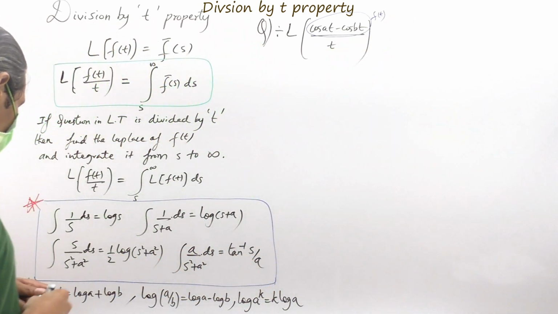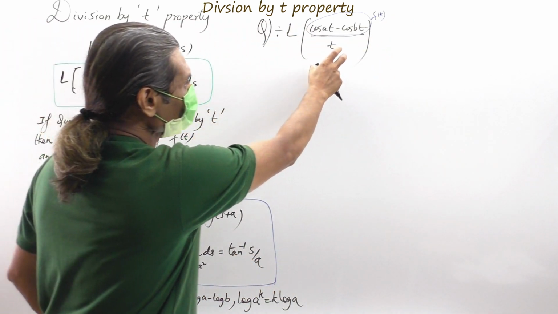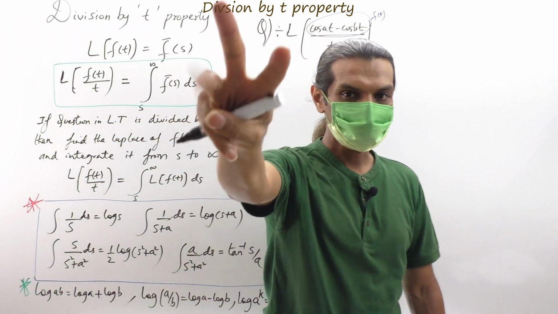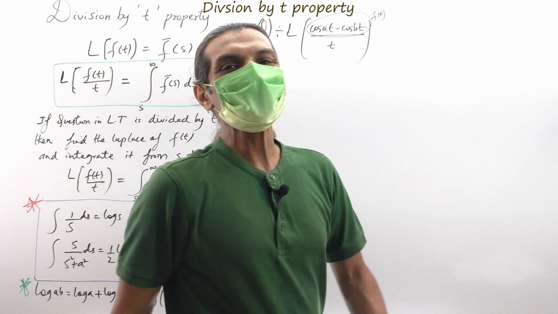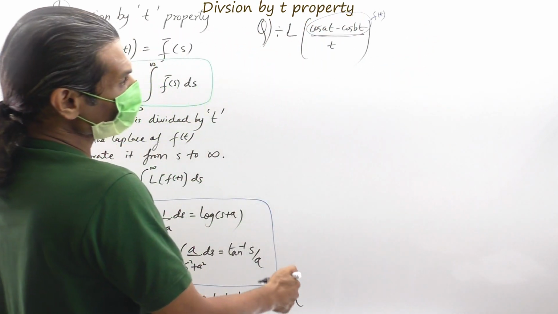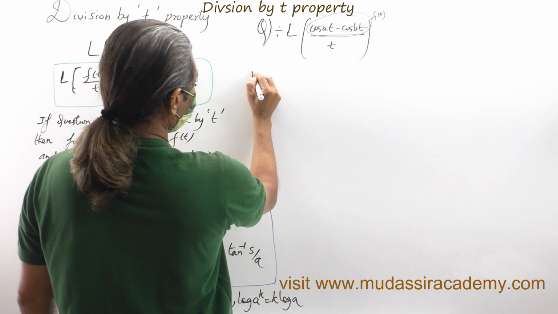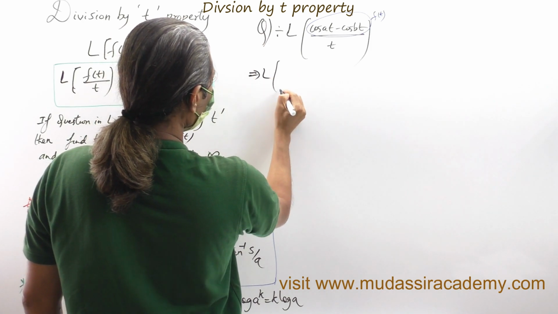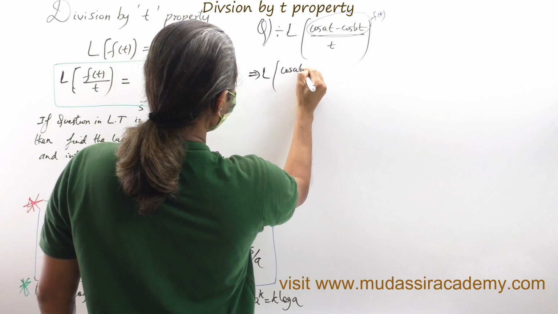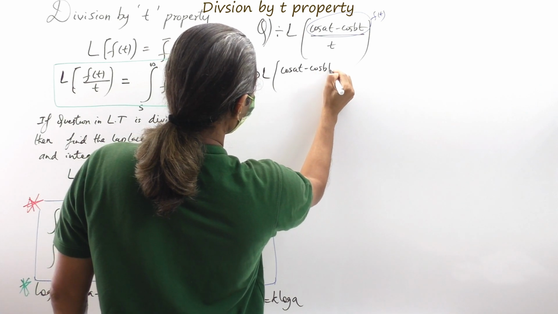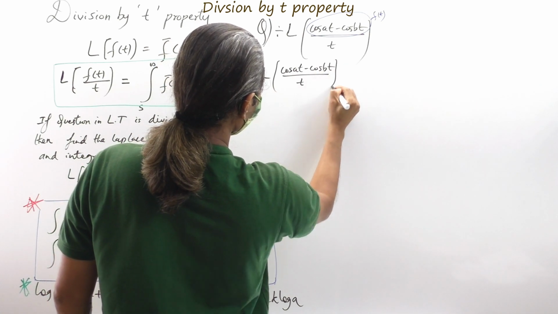So, we have f of t whole divided by t, property number 3, that is the division by t property. So, what we do here? We write, implies, Laplace of cos a t minus cos b t divided by t will be.